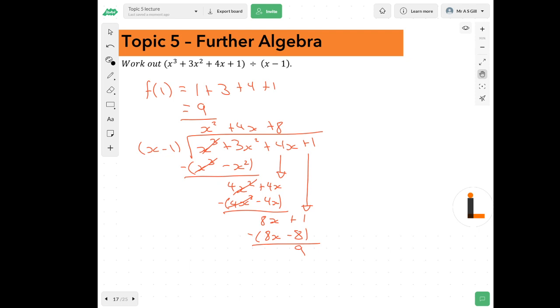So you can see here, I've just finished off doing this long division, and you can see this remainder of 9 that we get here.